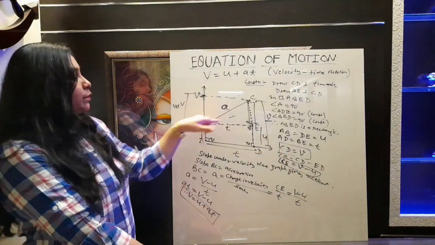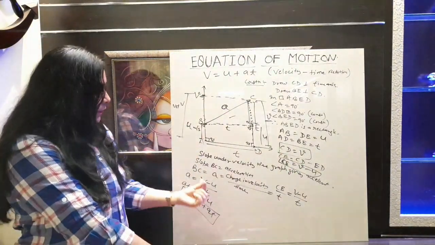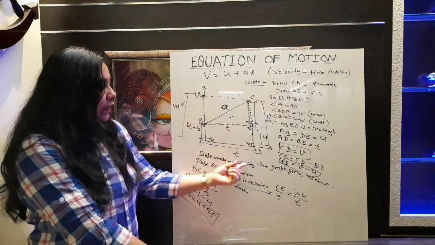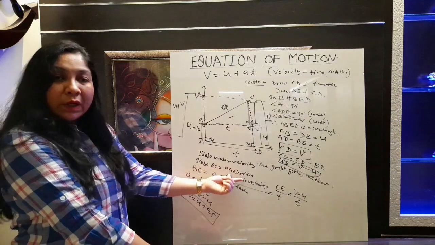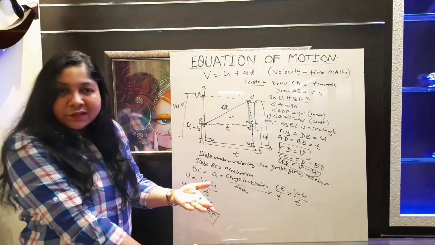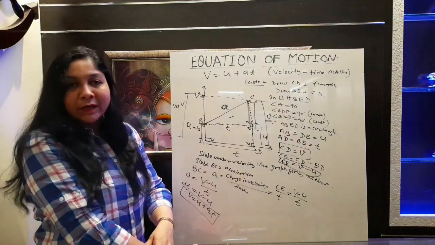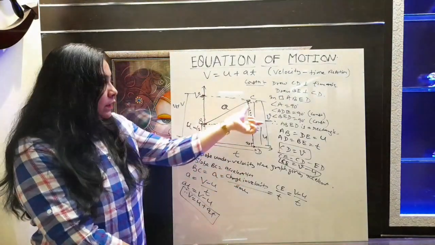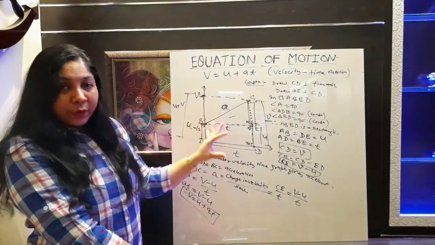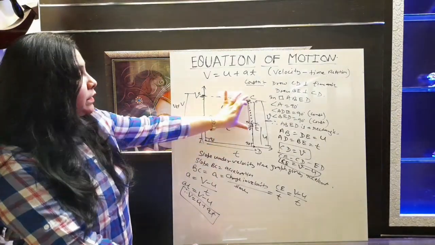Now as we know, this particular slope will provide you acceleration, that we already wrote here. Slope under velocity time graph gives acceleration. So slope BC is equal to what? Acceleration. And we know acceleration is change in velocity divided by time. According to this graph, our change in velocity is CE.